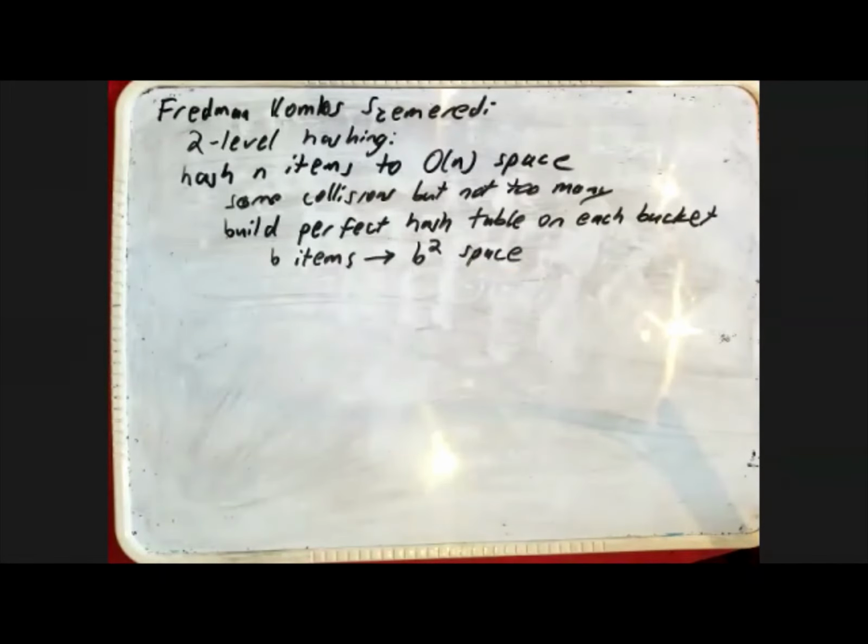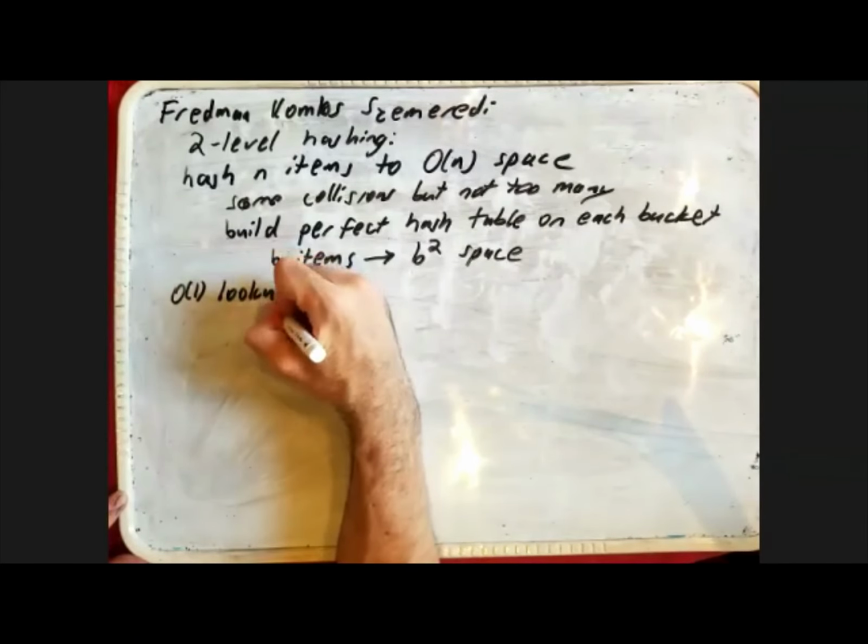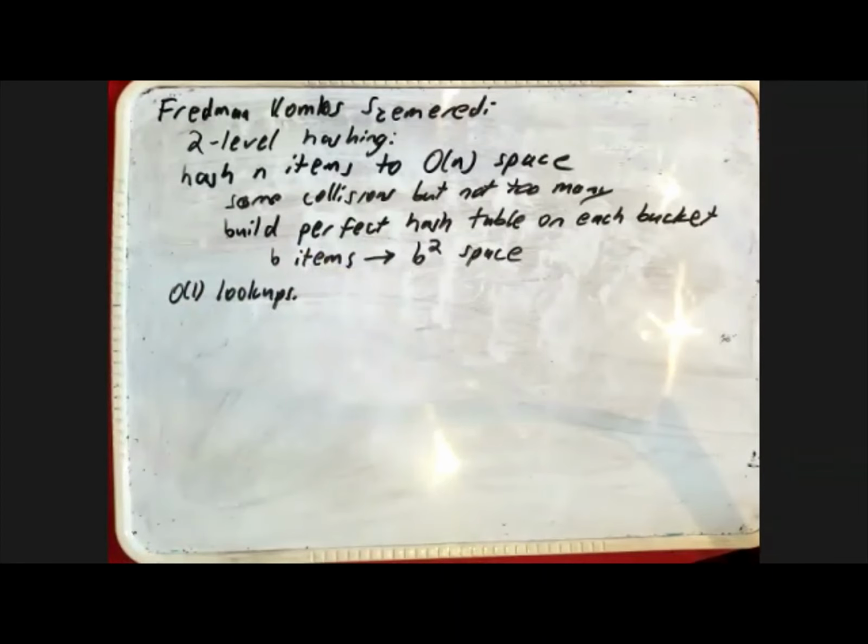And so this gives us order one lookups. When we're given a key, we compute the top level hash function, and this gives us a bucket. Then inside of that bucket, we use the perfect hash function for that bucket, and we find the item in order one time.